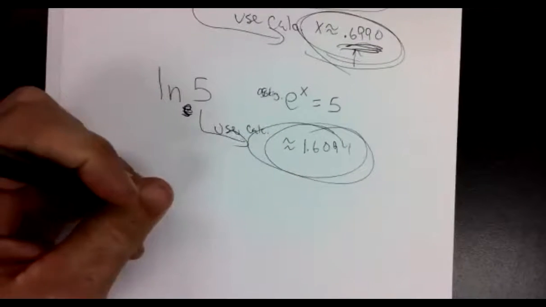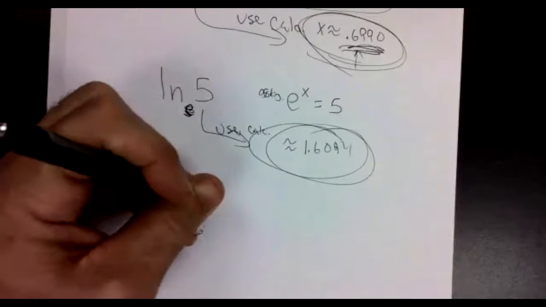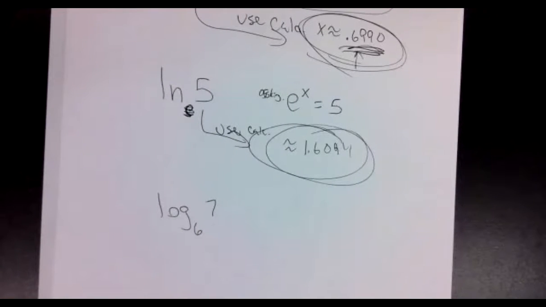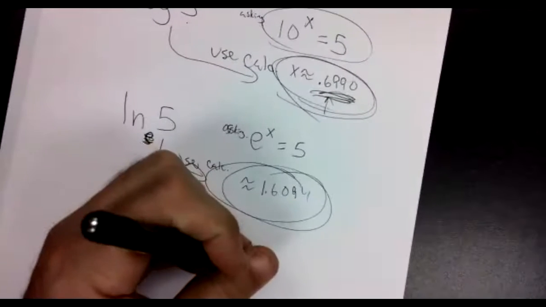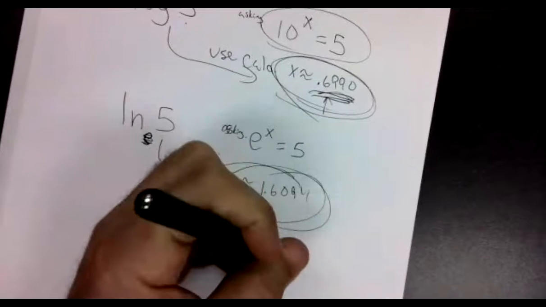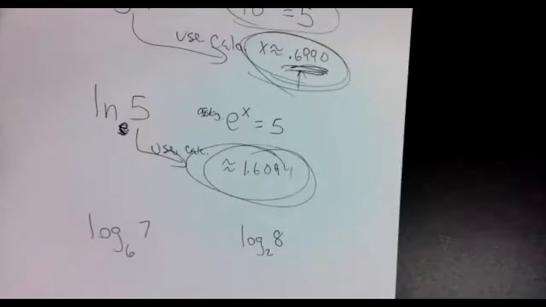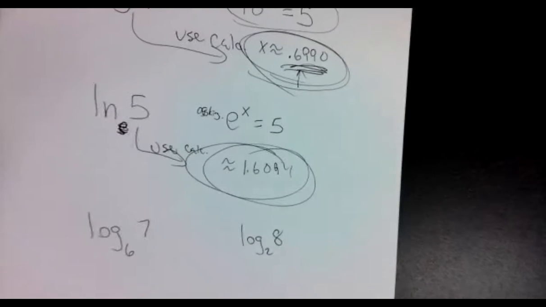Now, they are going to have you evaluate a log with an apparent base. And this is actually what logs were invented for. Without the use of logs, it was a bunch of guess and check. So we'll start with a problem we can kind of guess and check here. So if we said the log sub 2 of 8, this is a problem we've already done.